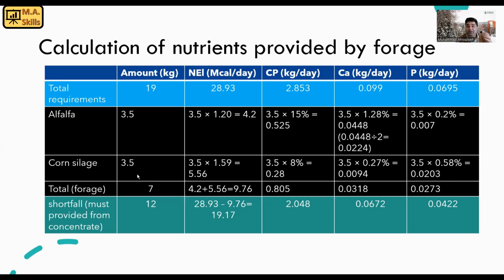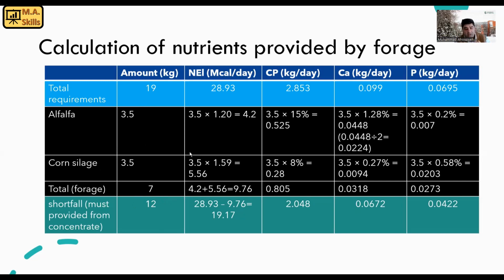It means that I'm going to provide 50-50 alfalfa and corn silage as my forage section. So 3.5 kilos alfalfa, 3.5 kilos corn silage. It's gonna add up to 7 kilos forage.